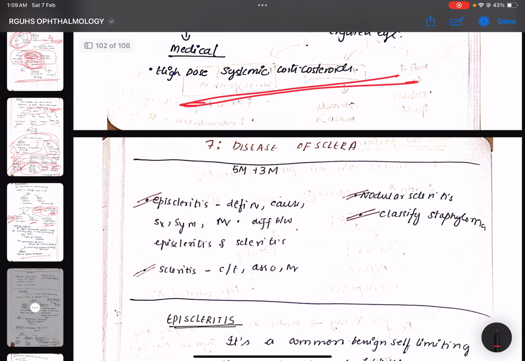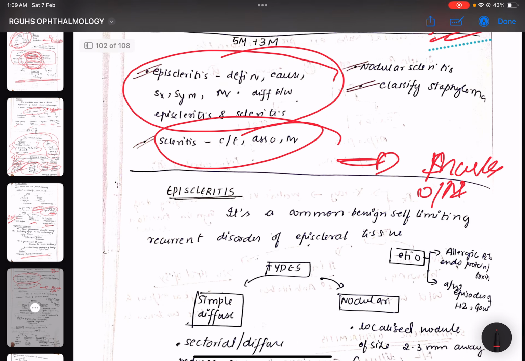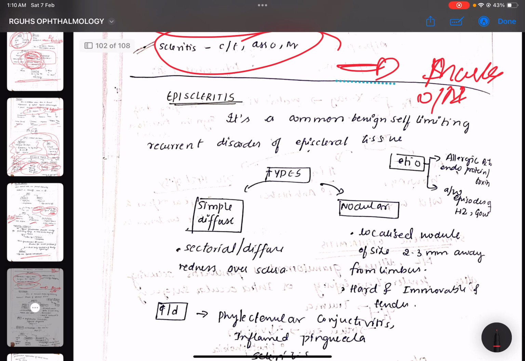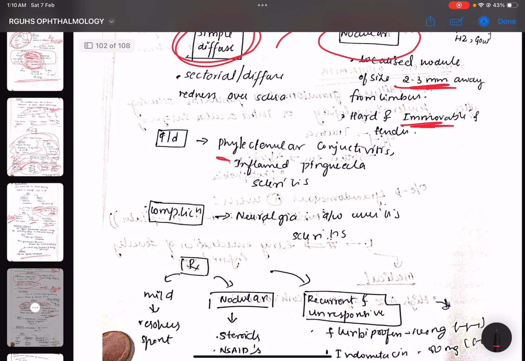Again, scleritis is a 3 marker thing. Basically what they ask is episcleritis and scleritis. It's a marker for an autoimmune condition. Remember the types, either diffuse or nodular. Whenever you see this, what is that? Something you are dealing with is chronic inflammatory disease.